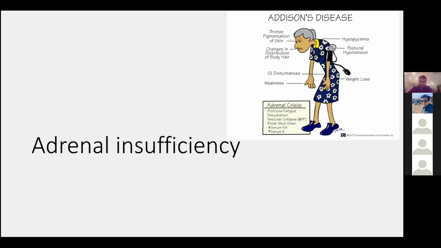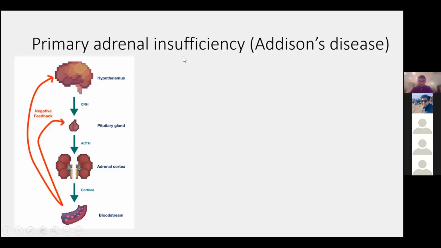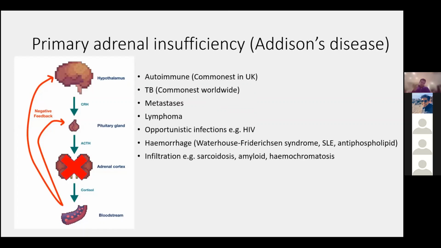So, adrenal insufficiency. Again, adrenal insufficiency can be primary or secondary. Primary adrenal insufficiency is what's called Addison's disease. This is where your adrenal glands are not working. The most common cause in the UK is autoimmune, an autoimmune response to the adrenal gland.